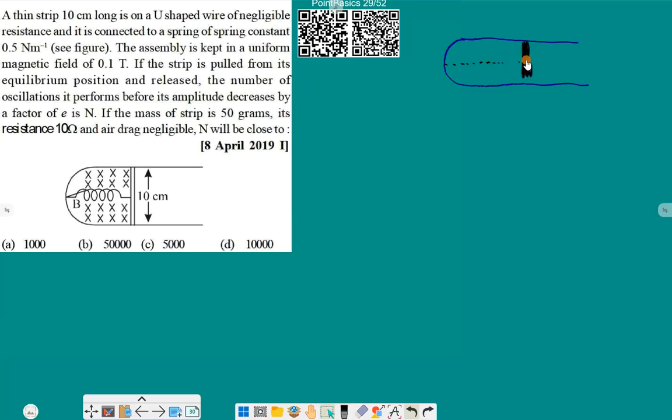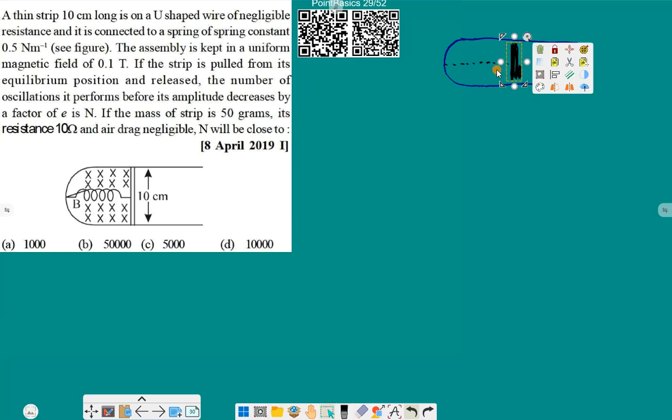In ideal condition it should keep on oscillating, but here we have a magnetic field also, and that magnetic field acts as a damping force, so that will slowly dampen out the oscillation, and finally it will come to the equilibrium position again. So this will be the basic of the question.